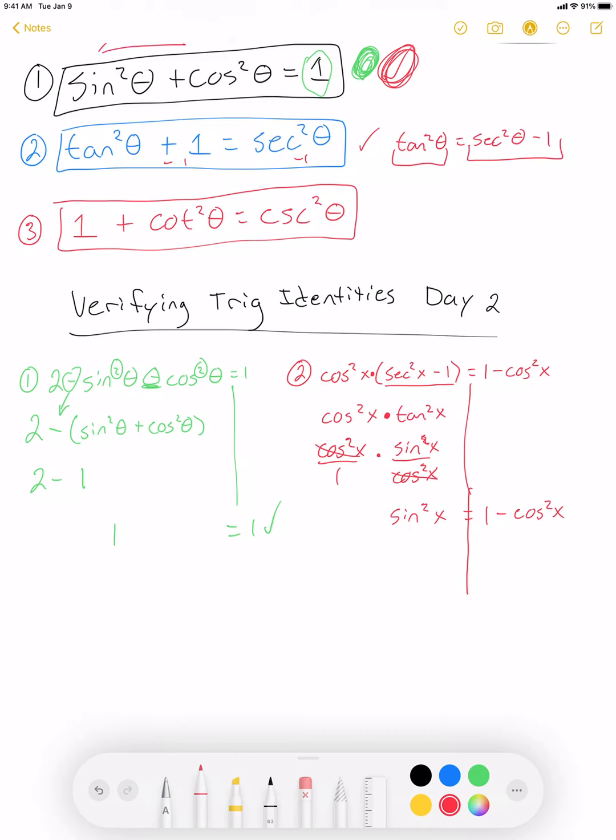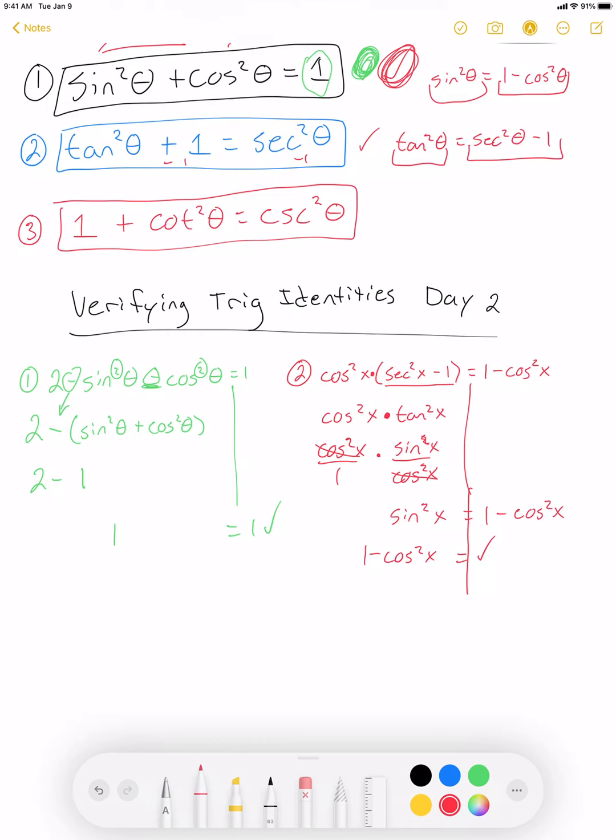If I leave this alone and I move this cosine over to the other side, what I get is sine squared equals, after I subtract cosine, I get 1 minus cosine squared theta. Therefore, sine squared is the same thing as 1 minus cosine squared. So I can replace this with 1 minus cosine squared x, and that does equal the right-hand side.